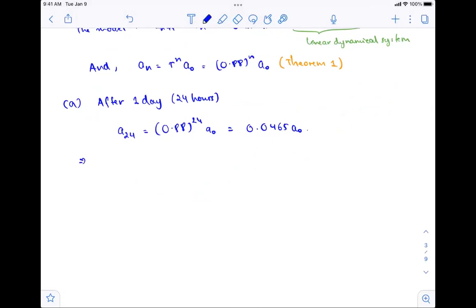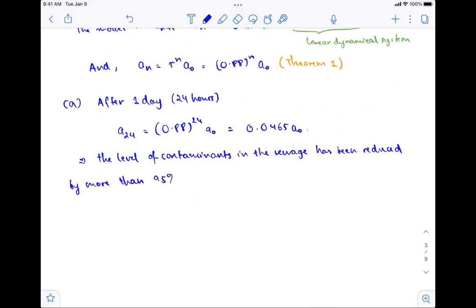And you can draw the conclusion that the level of contaminant in the sewage has been reduced by more than 95% at the end of the first day. You may wonder where 95% is coming from. It comes from this particular number.